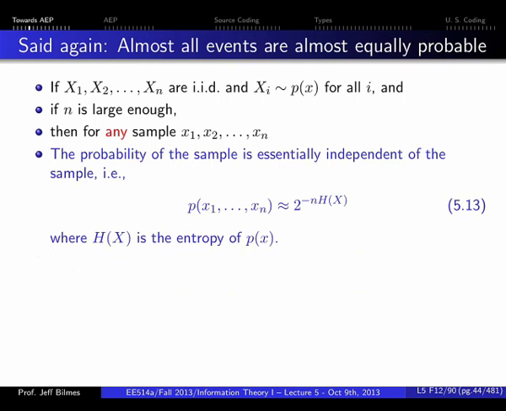Now, since they're all identically sampled, since all of these samples have the same probability, which is 2 to the negative nH, it's like a uniform distribution over those samples that have that probability.